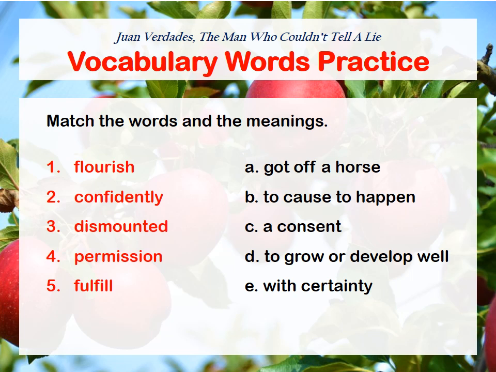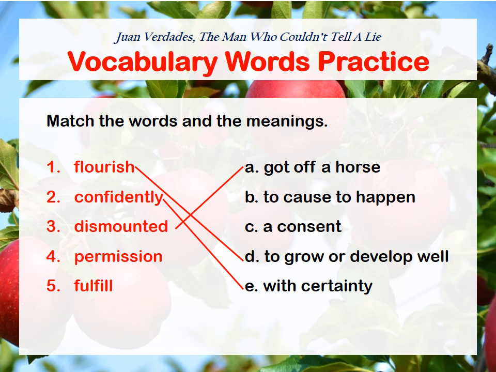Let's answer. Number 1, flourish. The answer is D. To grow or develop well. 2. Confidently. It means with certainty. 3. Dismounted.